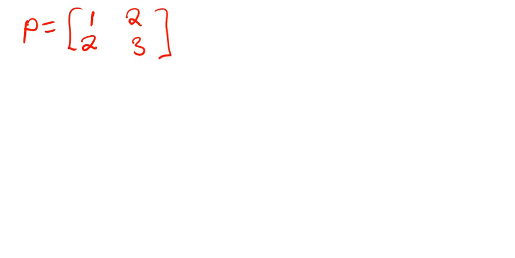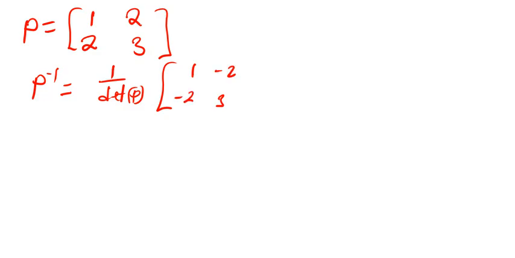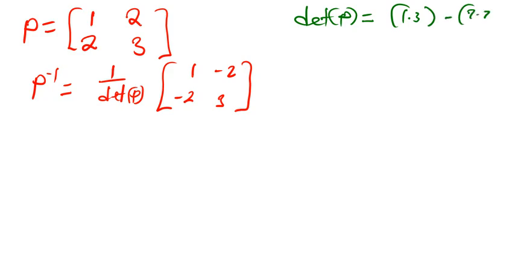Remember, the inverse of matrix P is given by 1 divided by the determinant of matrix P, multiplied by the matrix where the main diagonal entries swap, and the other entries are multiplied by negative 1. Let's first find the determinant. The determinant of matrix P is 1 times 3 minus 2 times 2. That becomes 3 minus 4, which is negative 1.